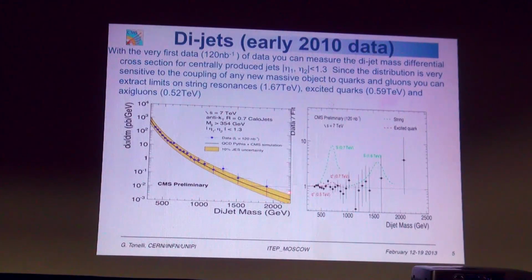You easily arrive, even with a small amount of data, 120 inverse nanobarn, really the first few weeks of data taking in 7 TeV collisions, and you are able to cover masses up to 1 or 2 TeV. And then what you look for are bumps, anomalies. The idea is basically, if there is a new massive object which couples to quarks and gluons, you might have a bump here and there.